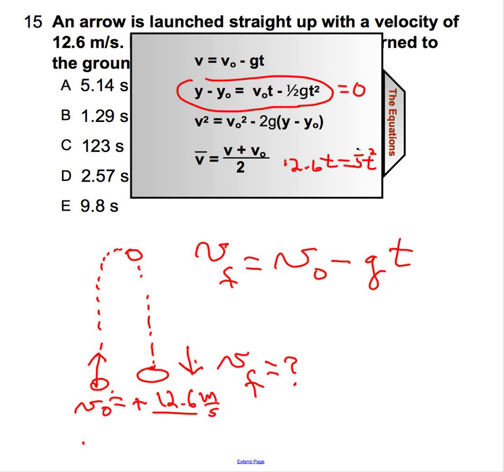So t is equal to 12.6 divided by 5. And that is 2.6 seconds. So this is the answer over here.